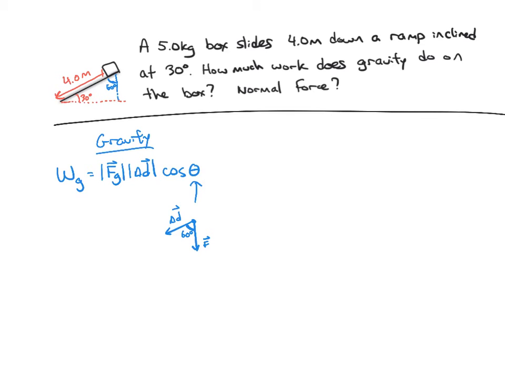So the theta I use here is actually 60 degrees. That's a bit of a trickier one. But otherwise, the rest of the answer is straightforward. I just fill in the values. Actually, one more step: the force of gravity is mg. That's the formula from last unit.